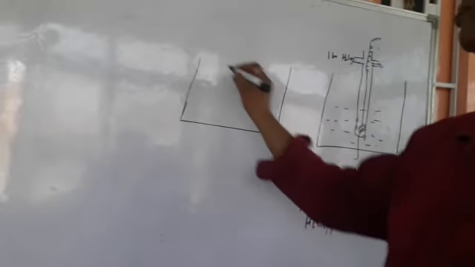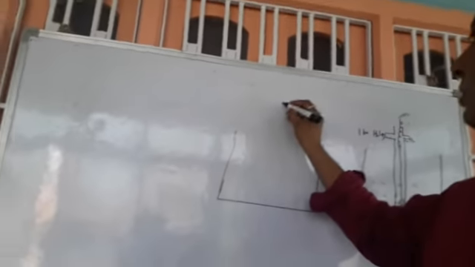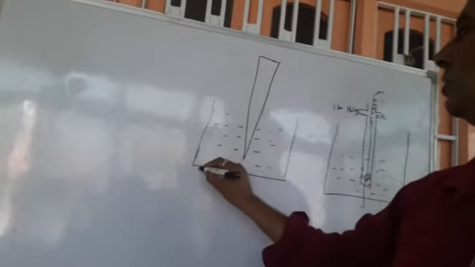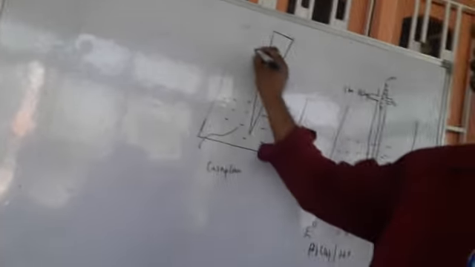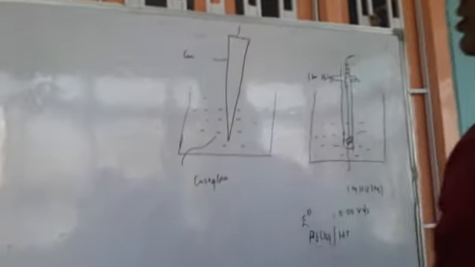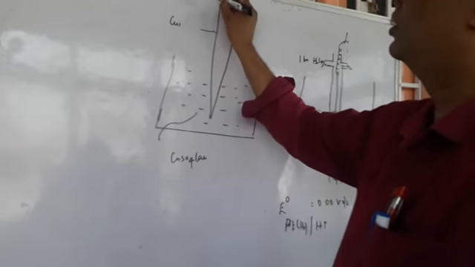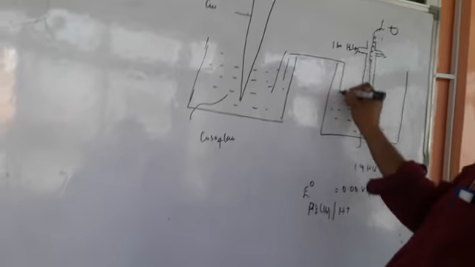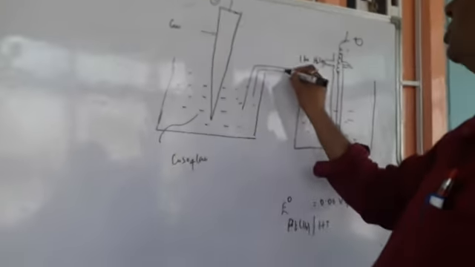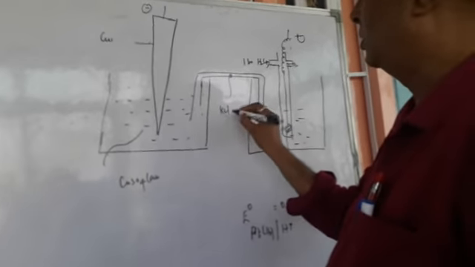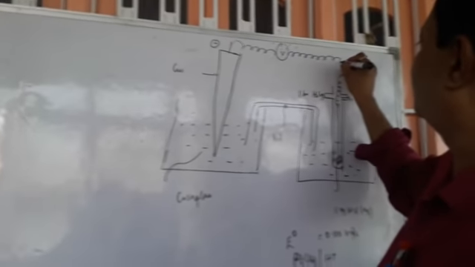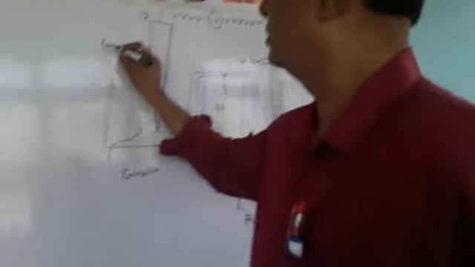This is the copper electrode, copper dissolved in copper sulfate aqueous solution. This copper electrode we connect with the negative terminal, and this is the positive terminal. The two electrodes are connected by a salt bridge, a U-shaped glass tube containing KCl, an inert electrolyte, and this is connected by a voltmeter.